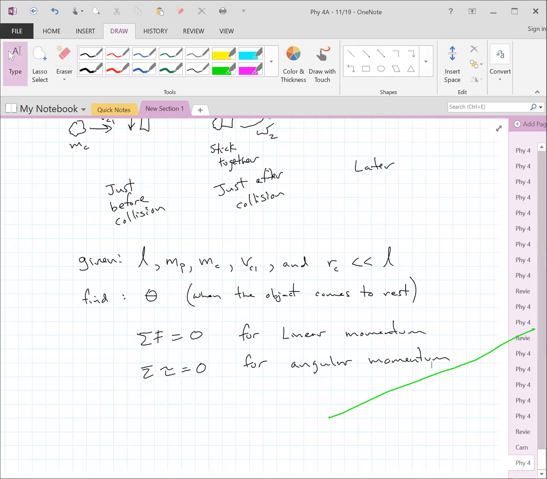If it was a simple pendulum with a massless string with all the mass at the end, we can use linear momentum, but we're not going to be able to do that here because the rod has mass to it. So we've ruled out energy, we've kind of ruled out linear momentum, but angular momentum is okay.